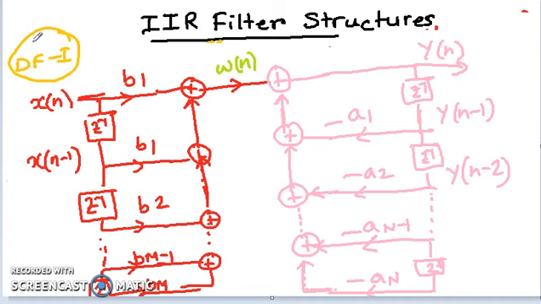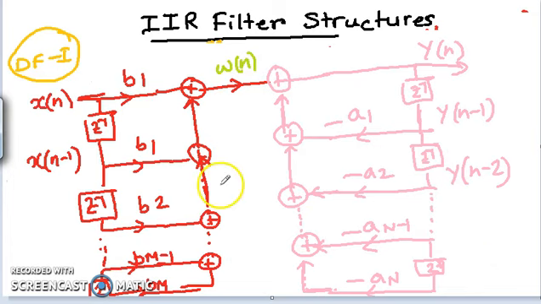But there comes a difference. In direct form 1, more delay elements are required, because the delay elements are on the two sides of the structure, whereas in direct form 2 the delay elements will be in between. So the number becomes common, the maximum of M and N.